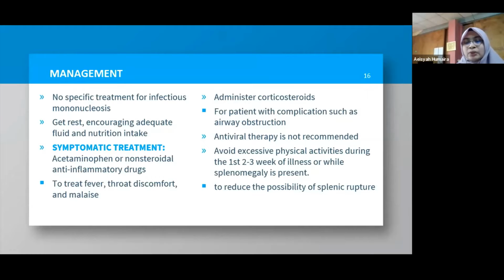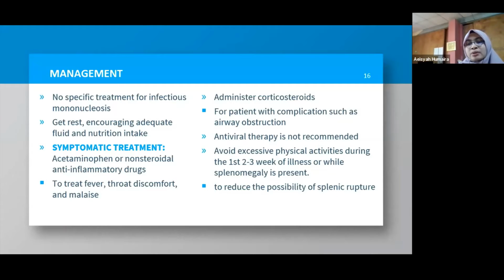For patients with complications such as airway obstruction, we can administer corticosteroid. Antiviral therapy is not recommended because it has been shown to have no effect on the latent infection, and no ability to cure the infection.